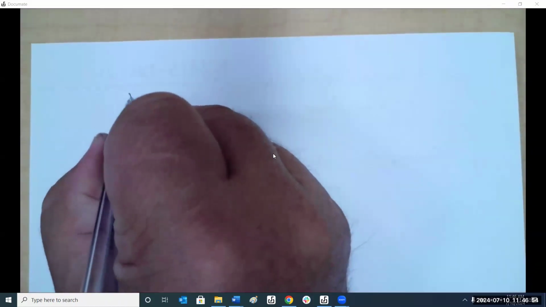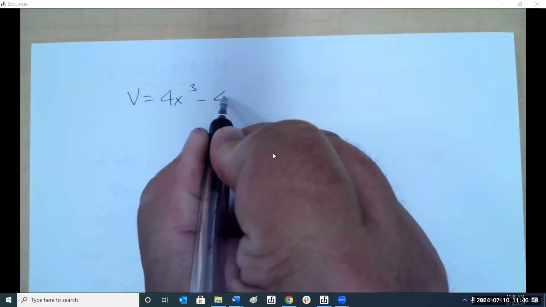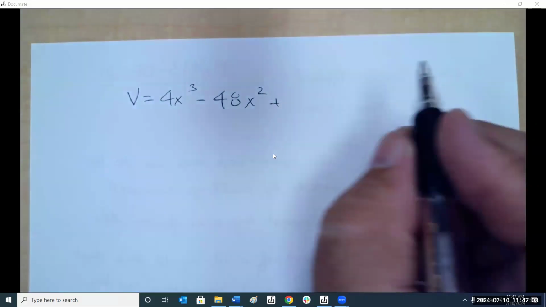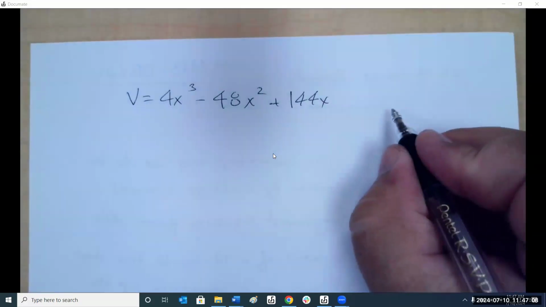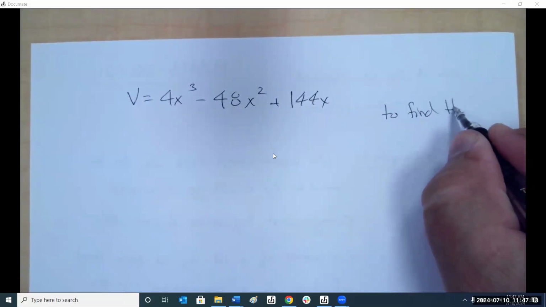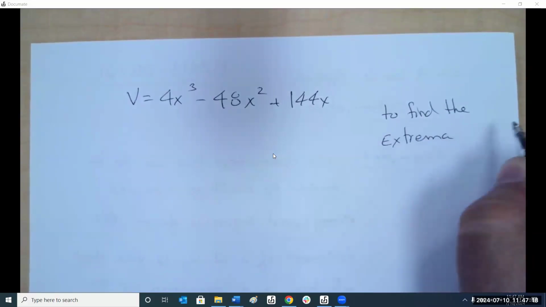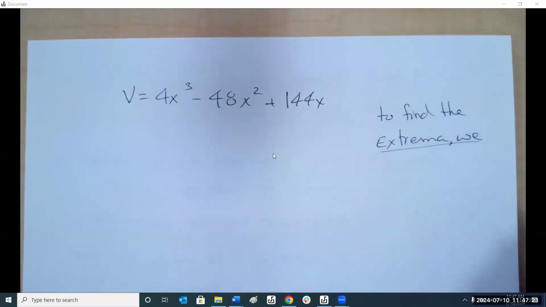So what we have to do, since we know our function equals 4x cubed minus 48x squared plus 144x, to find the extrema, what do we do?